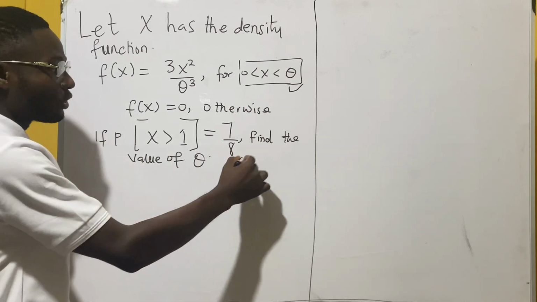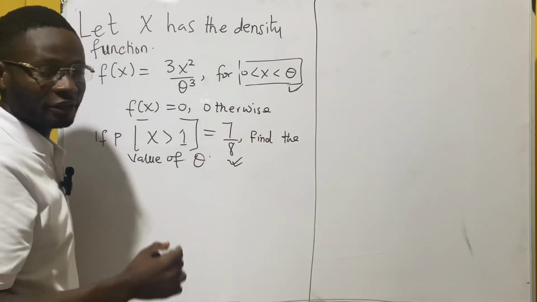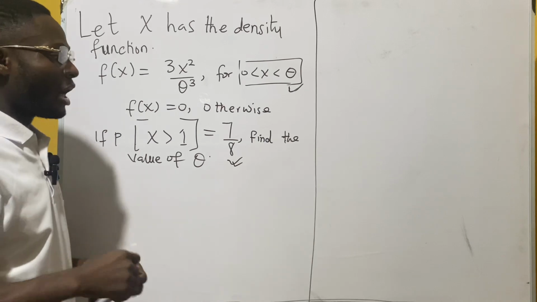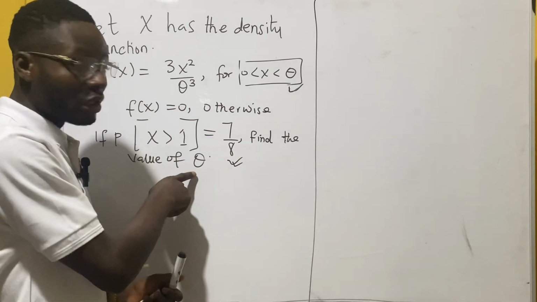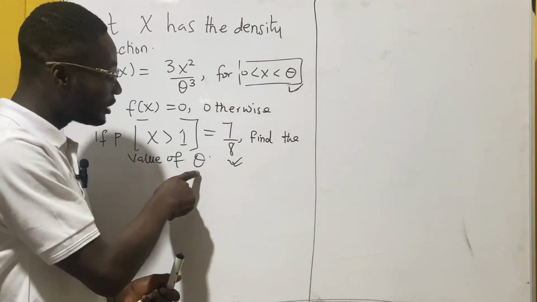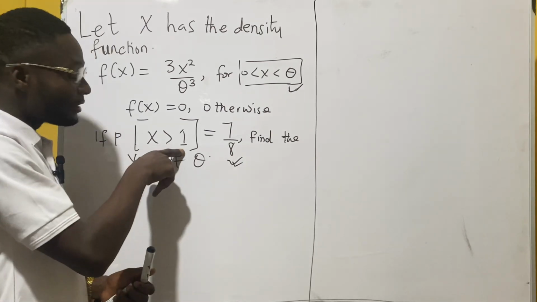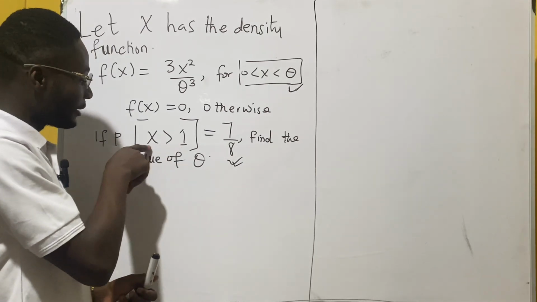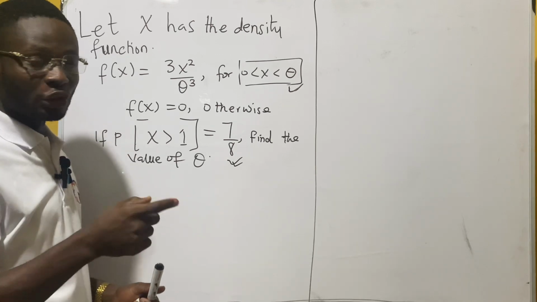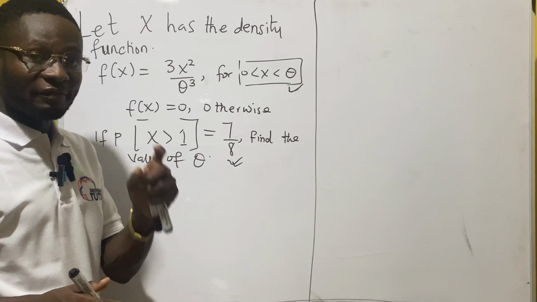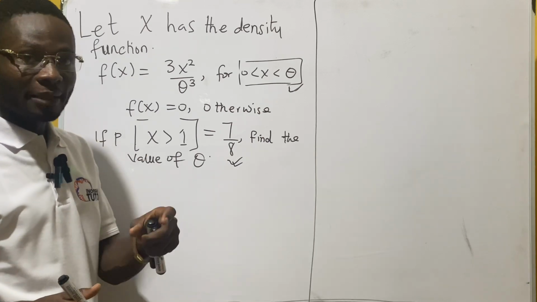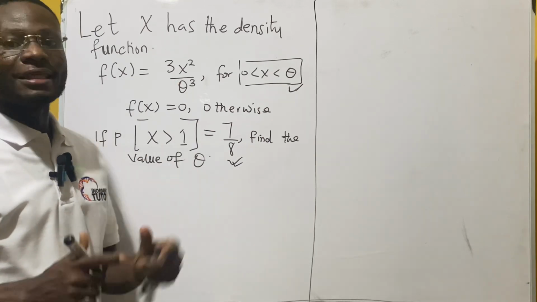Looking at this condition and the range given, you have to integrate the function, because we are looking for the value of theta. So integrate the function from the lower limit of 1 to theta, because they are saying that x is greater than 1.